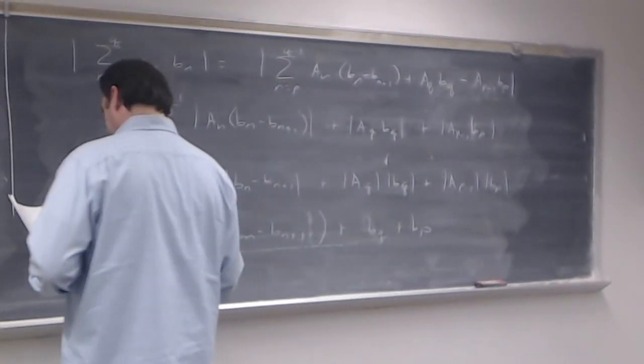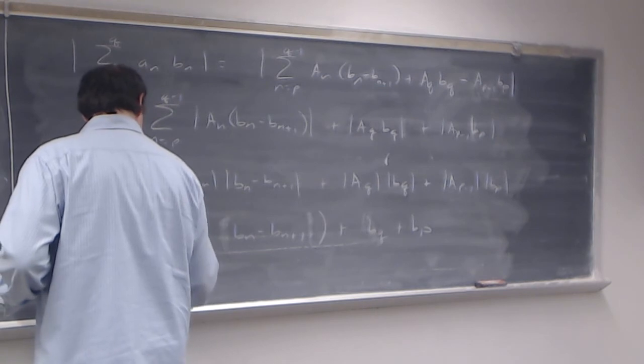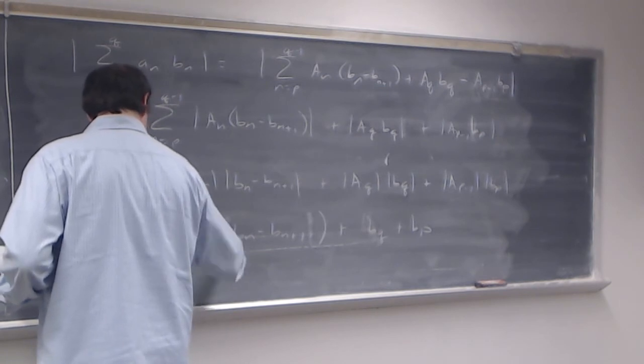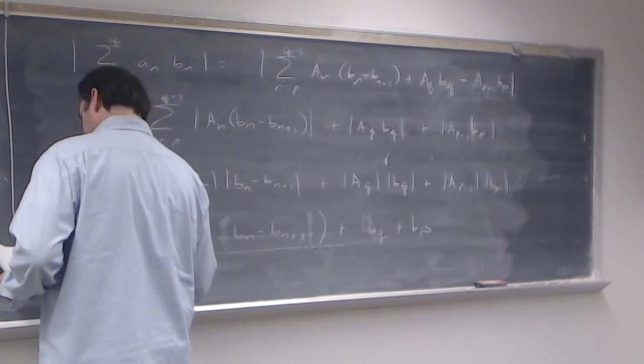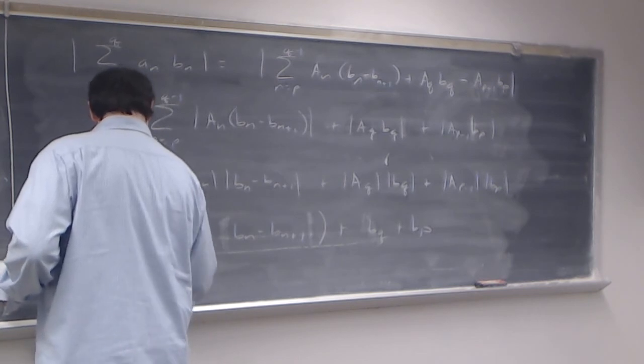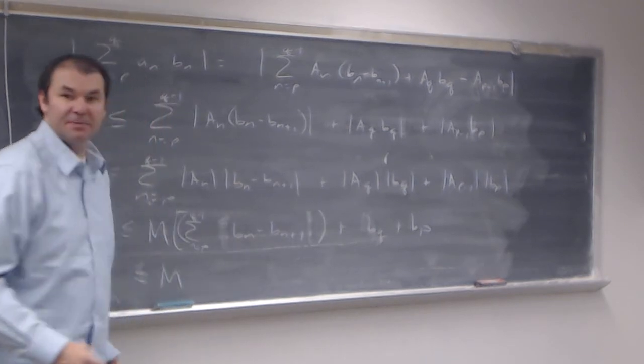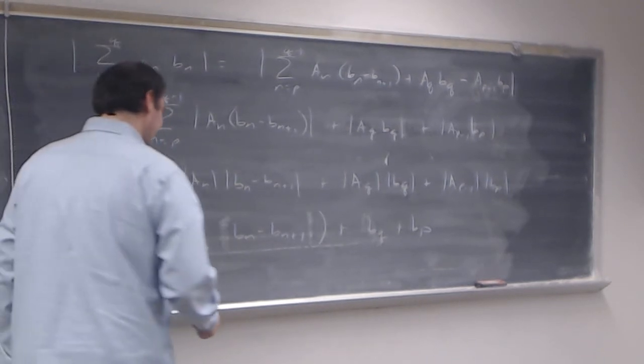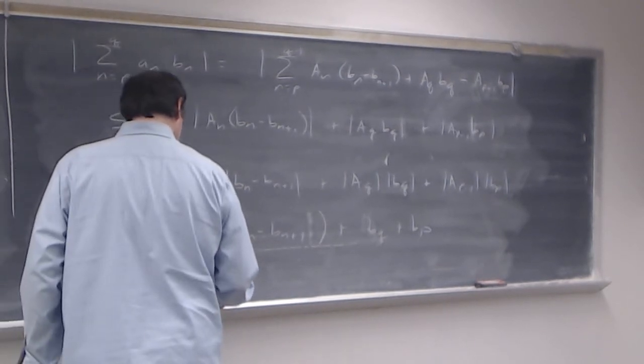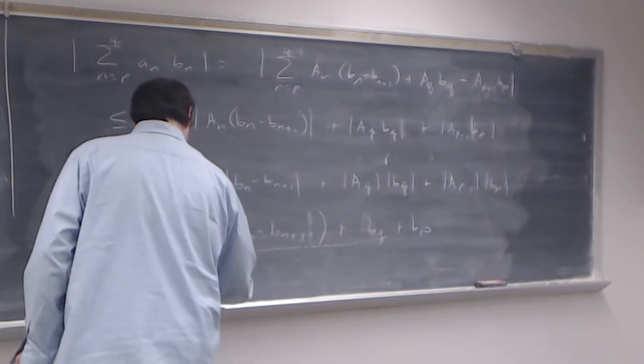And then, if you look at this sum here, it is less than or equal to m times this sum, where you have the b sub n's minus the b sub n plus 1s. They're going to have a lot of cancellations, and the only thing that's going to be left is b sub p.